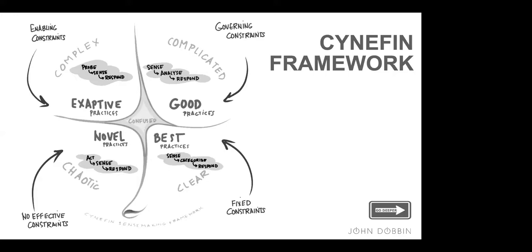Now, the other thing there is constraints. Clear systems or simple systems have fixed constraints. In our example, the fixed constraint is the hard disk capacity. It has a physical fixed constraint. When we run out of hard disk capacity, our system is full and we can't do anything to it.